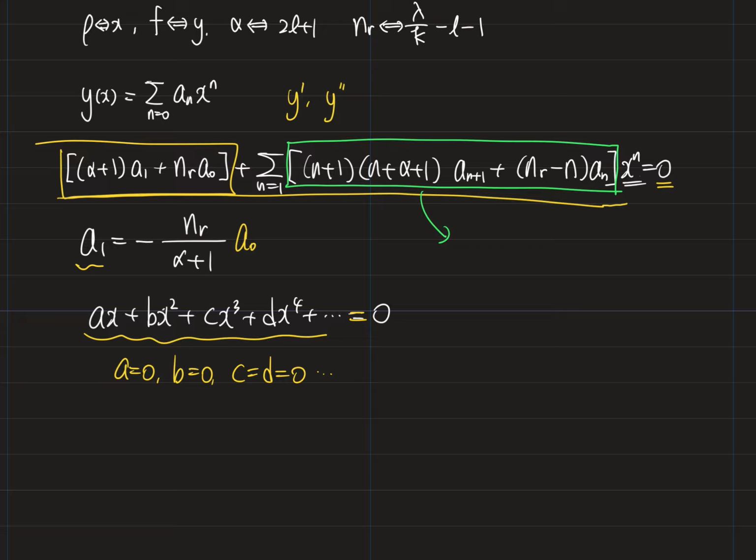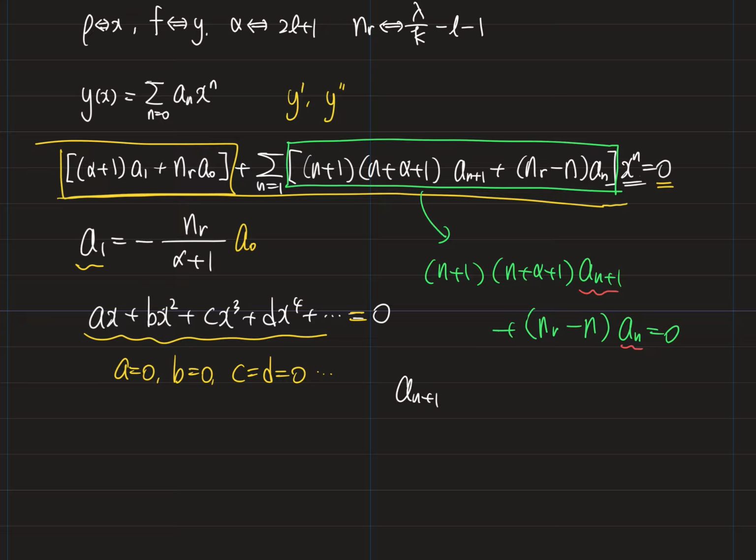So from here, you will realize that n plus 1 and alpha plus 1, a n plus 1, that should be equal to minus nr. I mean, just let's just say this plus nr minus n a n should be 0. So you can find some recursion formula between a n plus 1 and a n from here.